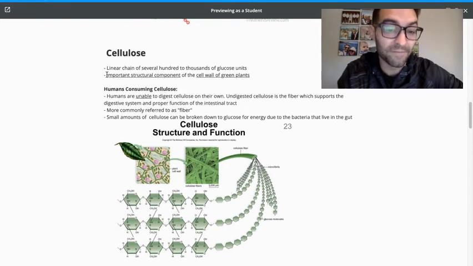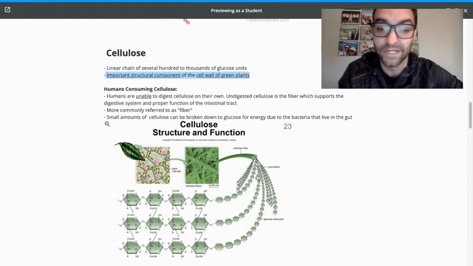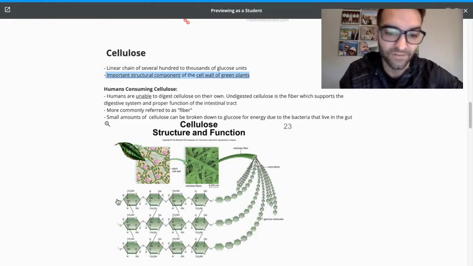But it is arguably the most important structural component of the cell wall for green plants, right? And so that's what this image is showing. We have these cell walls that are really formed from these chains of cellulose.